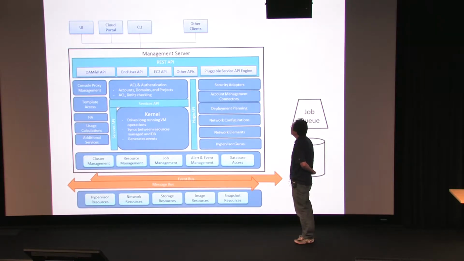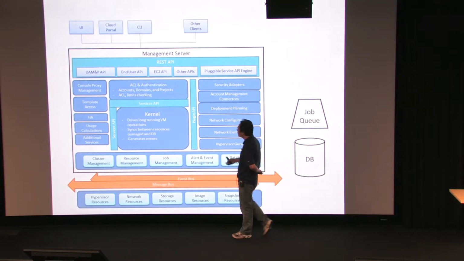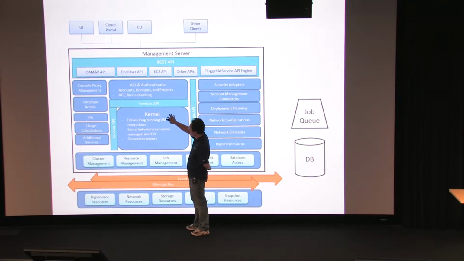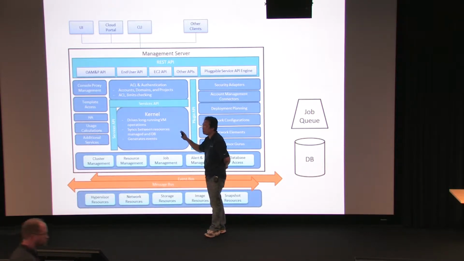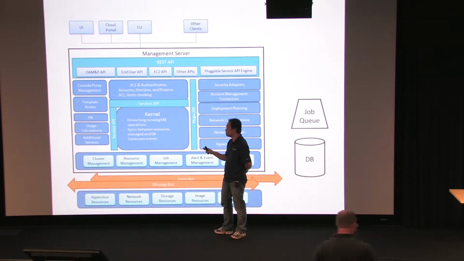Now then, in CloudStack, you need to look at, well, what does CloudStack actually do? A lot of the things that CloudStack does would be in this kernel, which does a lot of our orchestration. And this is important to segment out because modifications in here are tricky at best, because you are actually talking to physical resources.